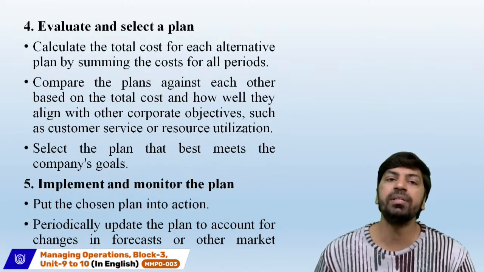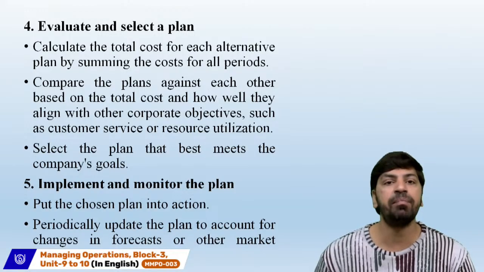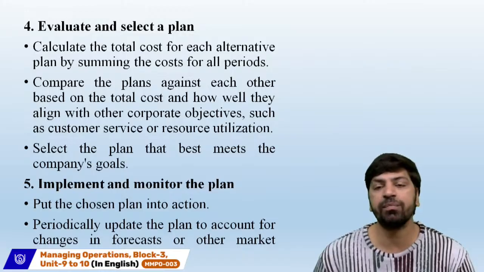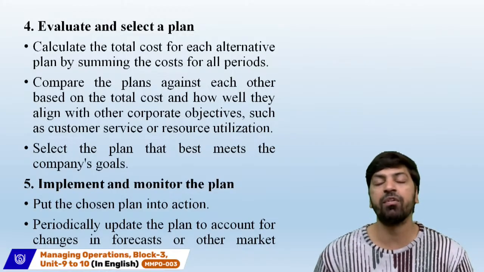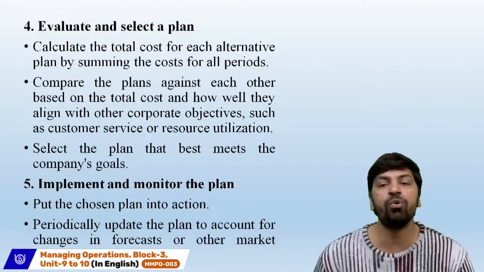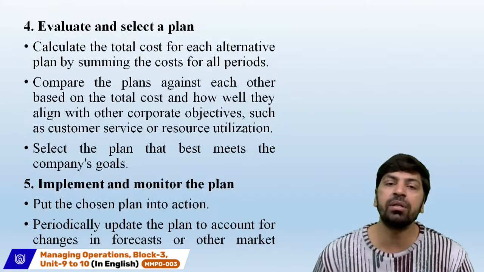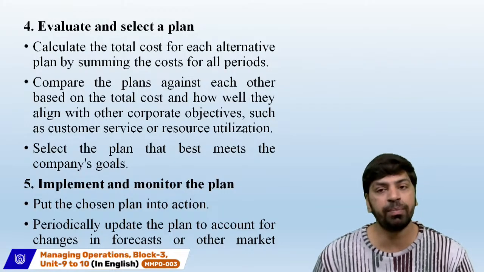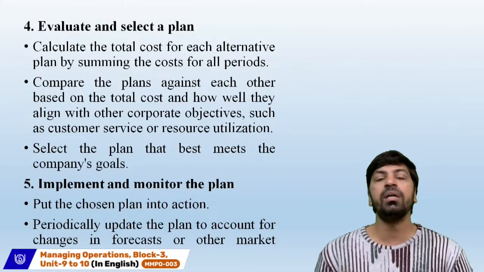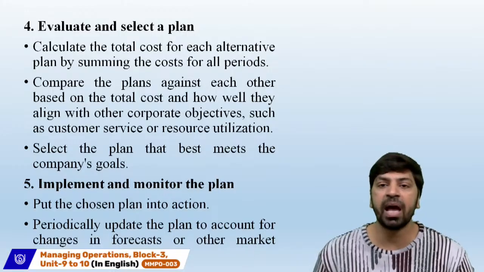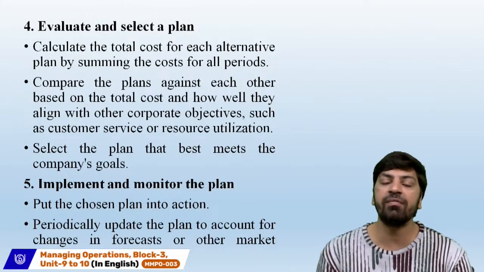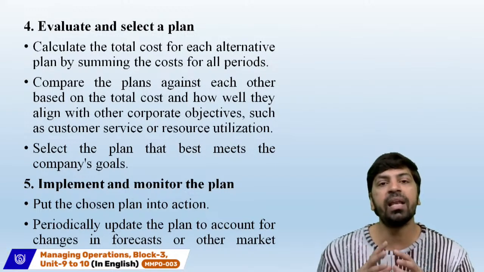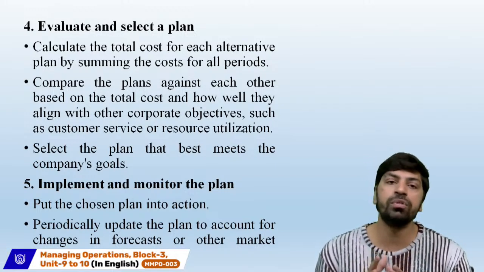The next step is to evaluate and select a plan. Calculate the total cost for each alternative plan, which has been decided for the various strategies like overtime and production, by summing up the cost of all the periods.